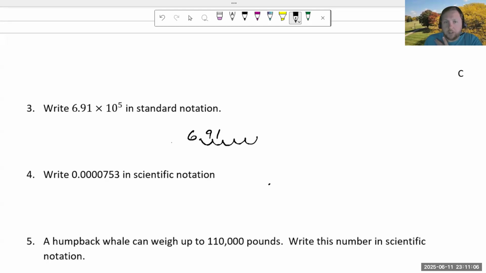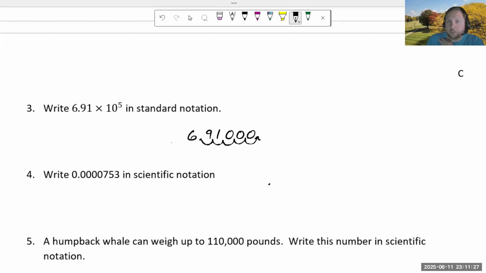I'm moving 1, 2, 3, 4, 5 places from the decimal point. I'm not putting 5 zeros on the end, I'm moving it 5 places. And then any place that doesn't have a digit in it, I'm going to put a placeholder 0.